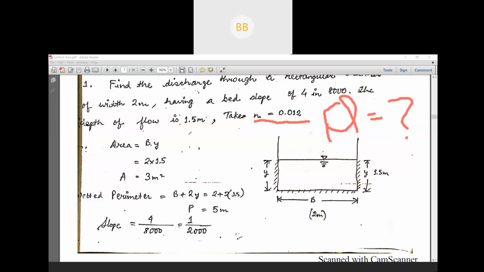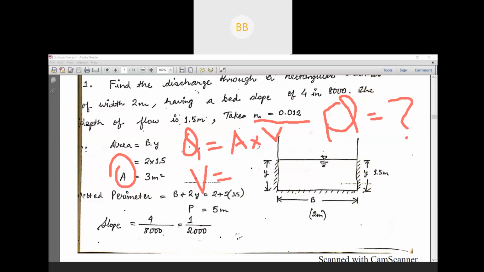Because when we are asked to find the discharge, it is nothing but area into velocity. Area we have already calculated. But to calculate velocity, we have to use Chezy's equation or Manning's equation.